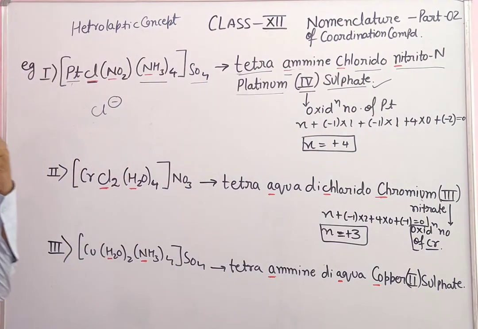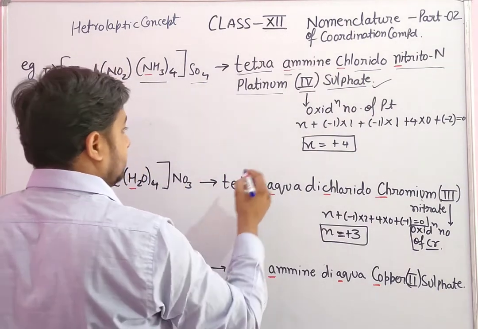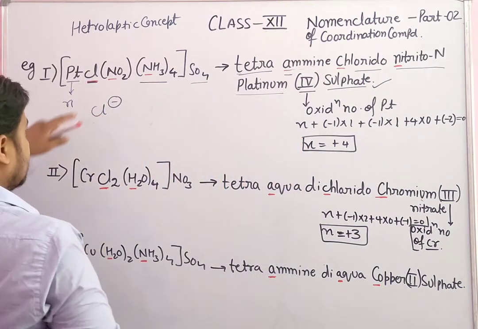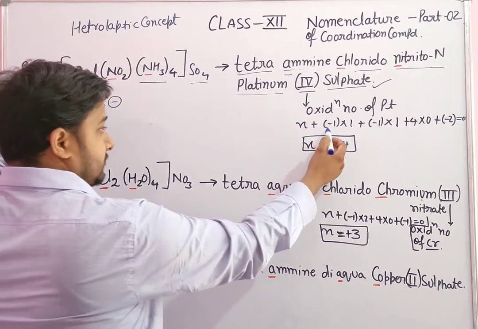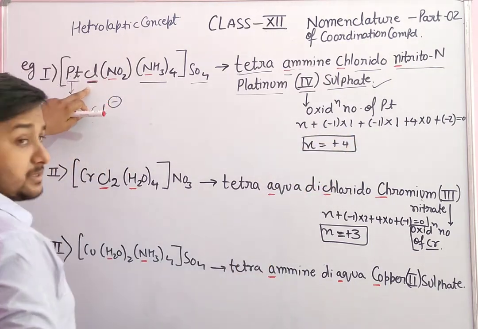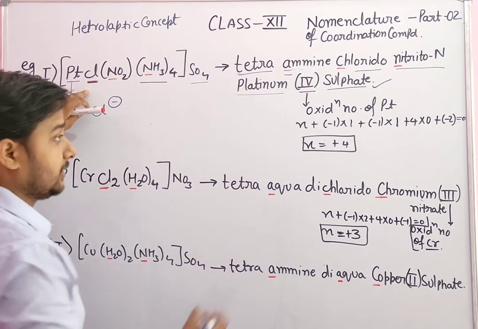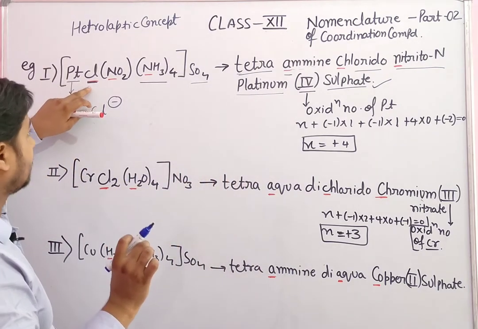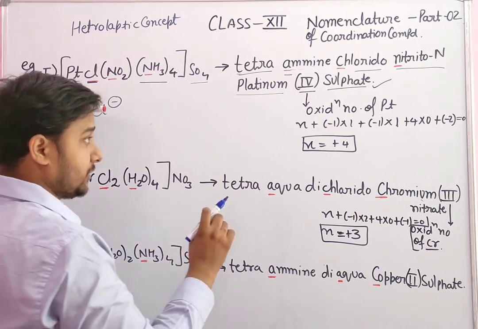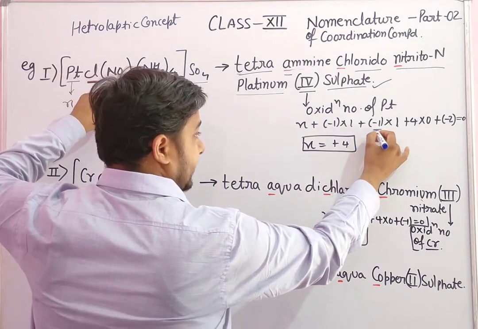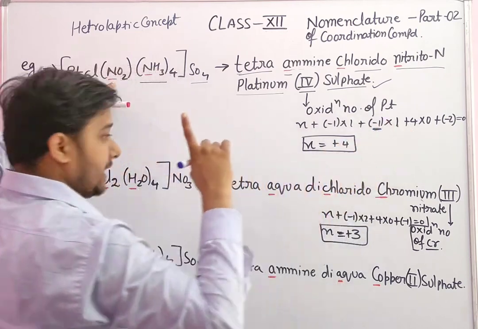How to calculate the oxidation number of the platinum? For the platinum we will consider it as X. Cl will be -1, so -1 into 1. The -1 is the charge of the chlorine, and the 1 is the counting of the chlorine. NO2 has 1 negative charge, multiplied by 1.